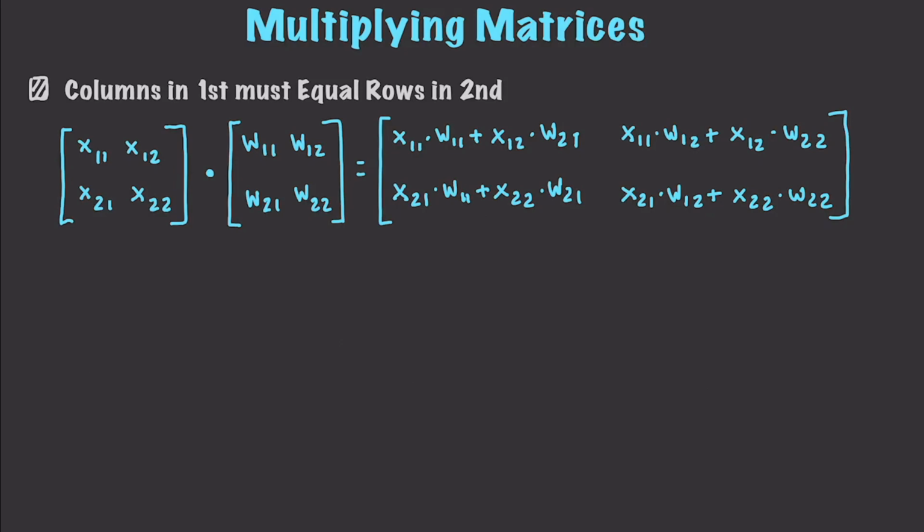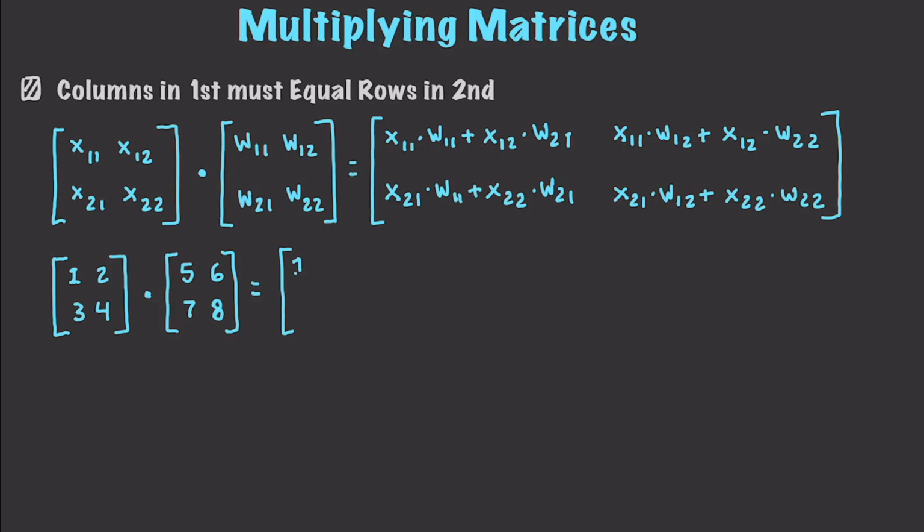So let's see an example here, and then I'll show you a real-world example of why this is useful. So let's say you have 1, 2, 3, 4 multiplied times 5, 6, 7, and 8. What we're going to do here is get the 1 times our 5 plus 2 times our 7, and then 3 times 5 plus 4 times 7, and 1 times 6 plus 2 times 8, and 3 times 6 plus 4 times 8.